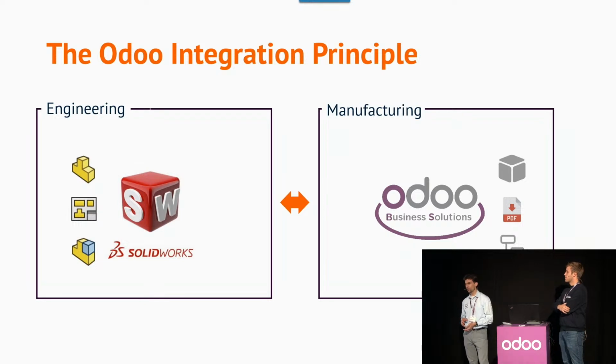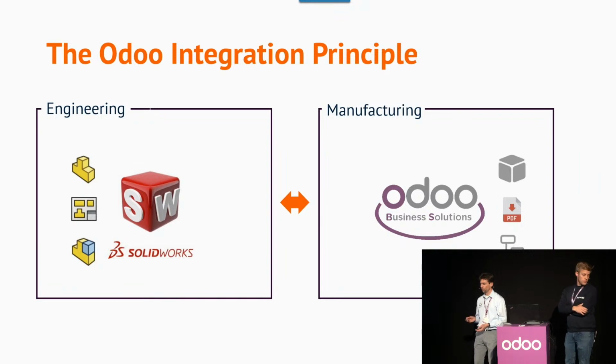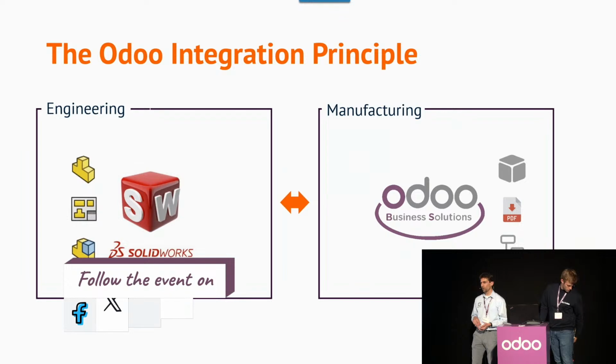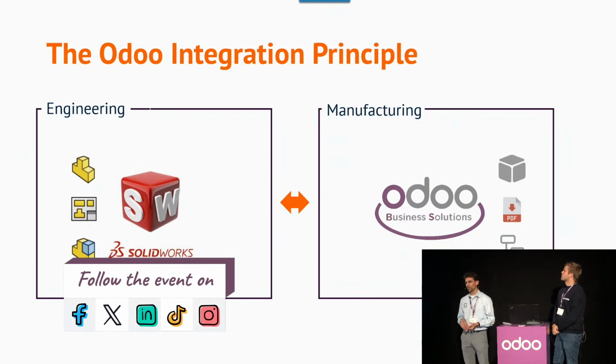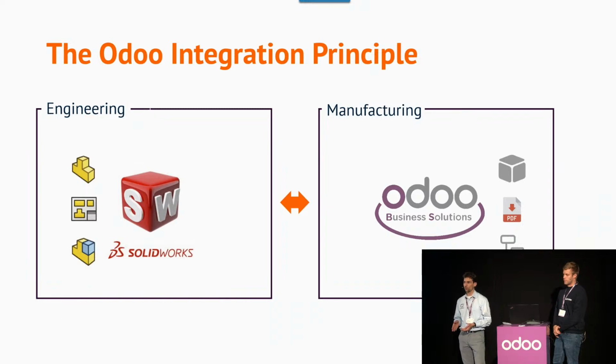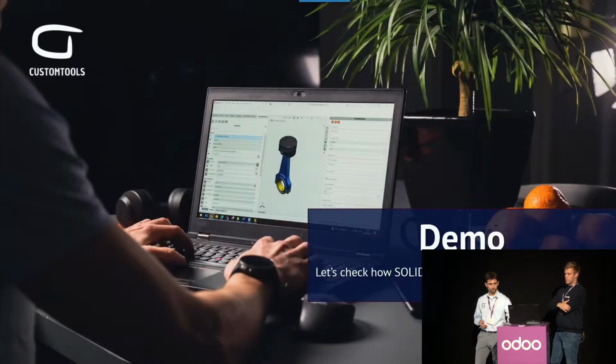And that is the information we send from SOLIDWORKS to Odoo. So we integrate with the manufacturing module, creating and updating the products and creating product bills of materials. And we can also attach, for instance, PDFs made from the drawings to products, and I will show you how.